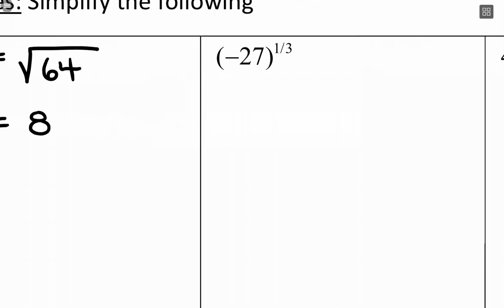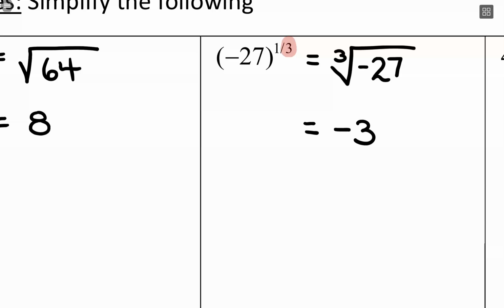Negative 27 to the 1/3 power. That denominator of 3 is telling me to take a third root, or cube root of, and then in parentheses we have the negative 27, so all of that goes underneath the cube root. So the cube root of negative 27 is the same thing as negative 3.